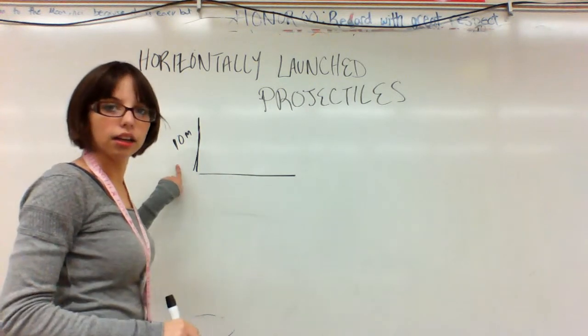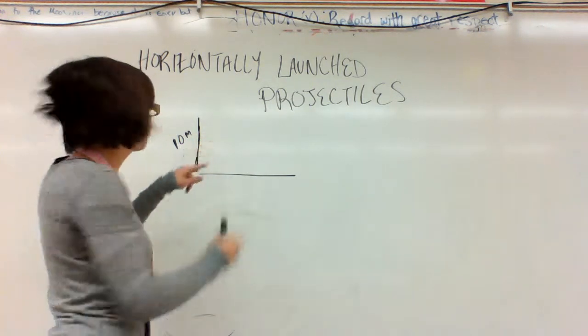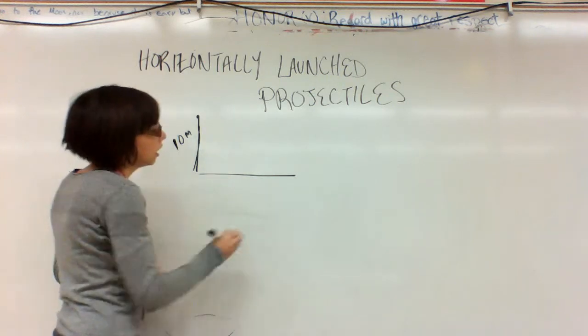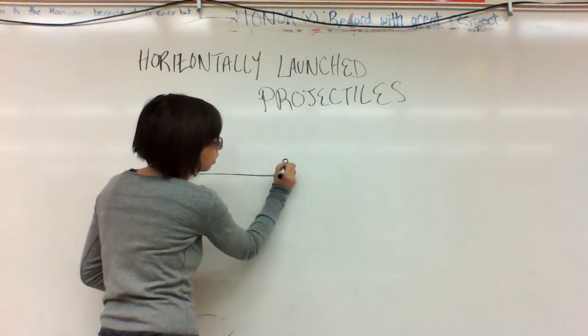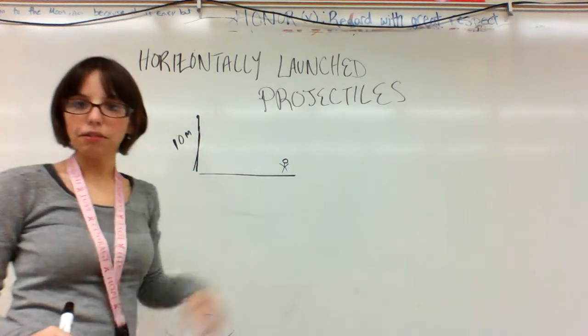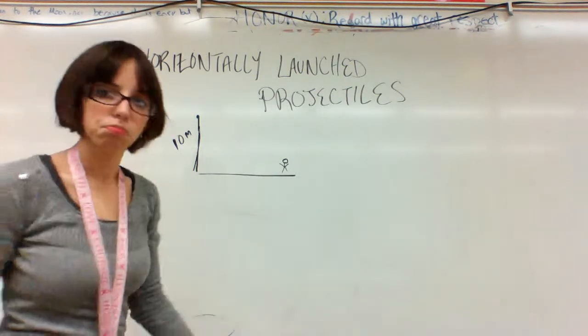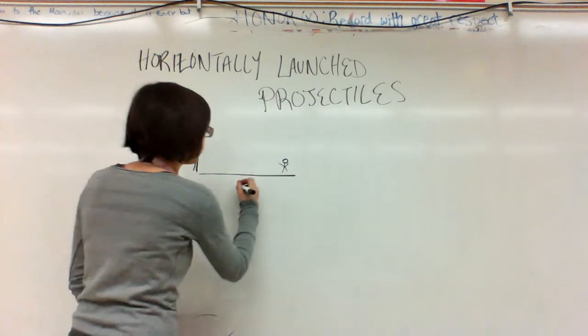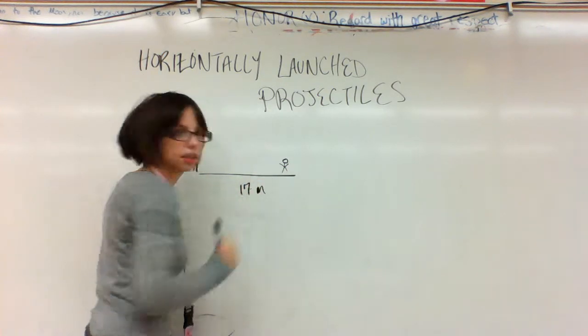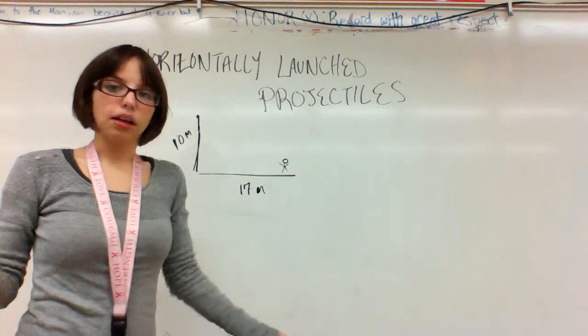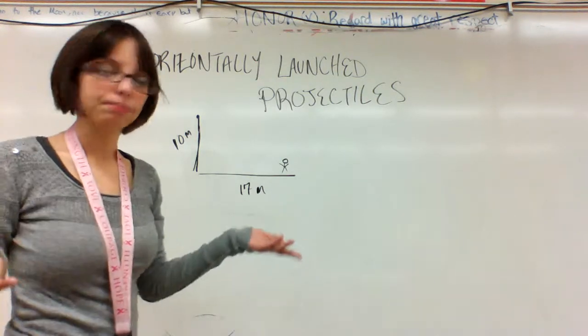I'm standing on the edge of this building, and I see my friend standing over right about here. Let's say he is 17 meters away. So I see him, he doesn't see me. I am going to play a little prank on him. I'm going to throw a water balloon at him.